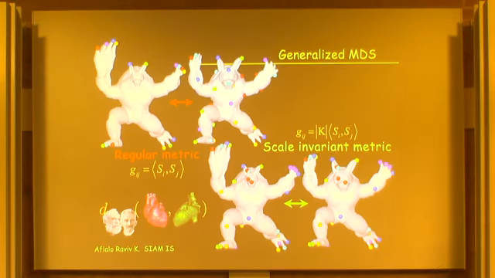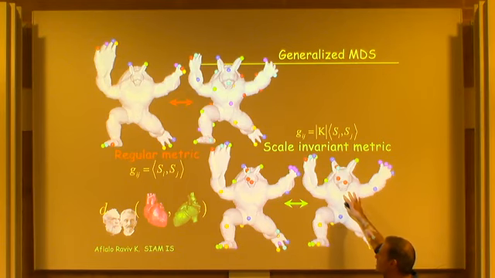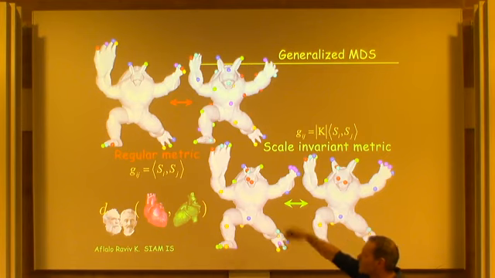Obviously you can compute Hausdorff distance with this kind of measures. I mean, you can plug it into this kind of a model and find the correspondence between these objects. And here what we did is we scaled the head of this armadillo compared to that one, and we are still able to match these objects.